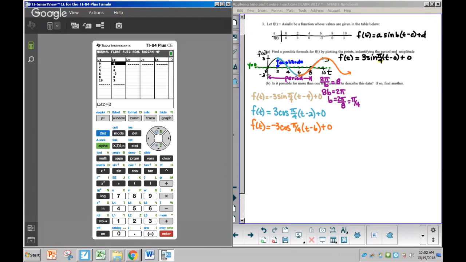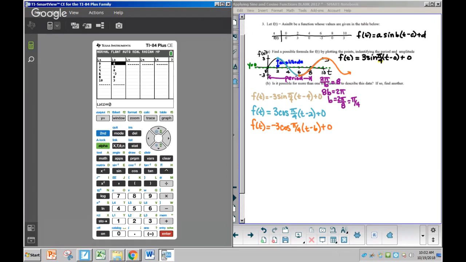I want you to put the t values, and in list 2, I want you to put the f of t values. So I'll give you a second to do that. You guys are all quick. Do you have it done yet? Look at that. All right, great.